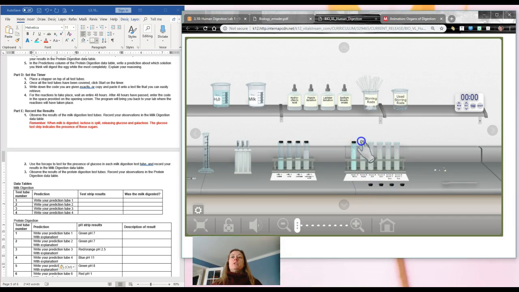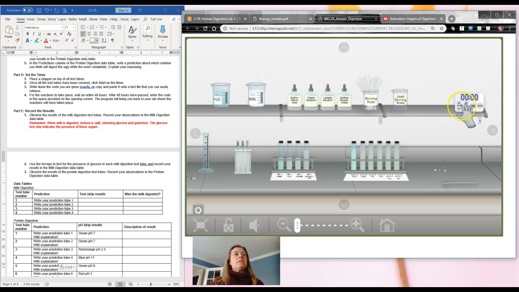It puts the cap on the test tube. There you go. Wow, this is taking longer than anything else. All right, then it says, once all the test tubes have been covered, click start on the timer.